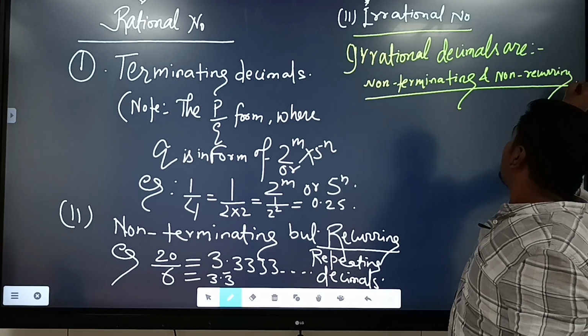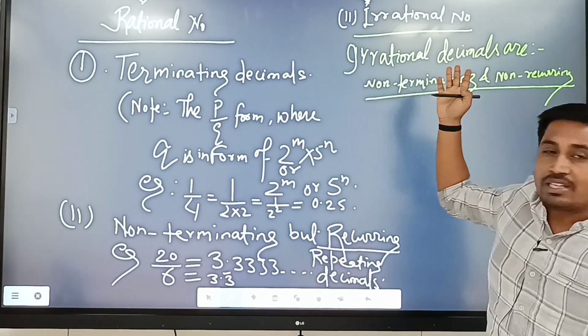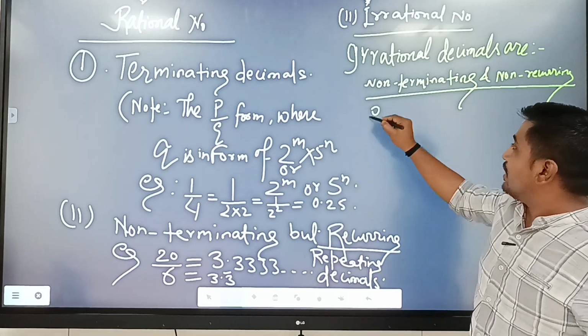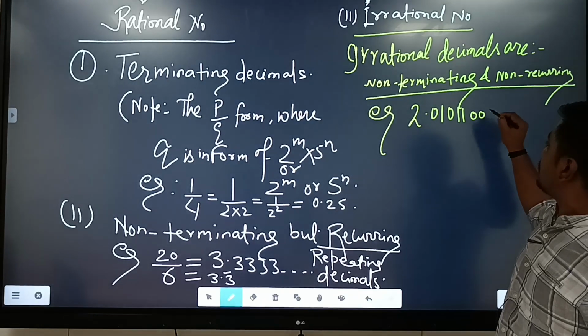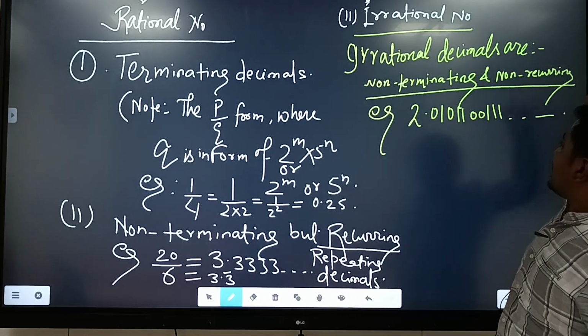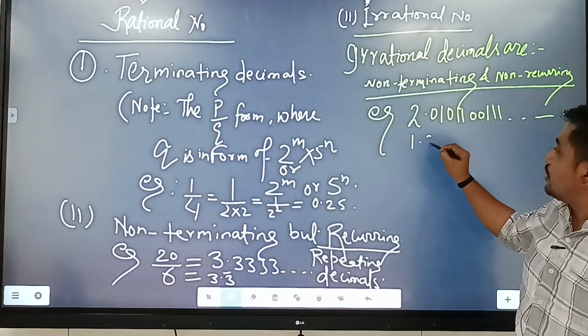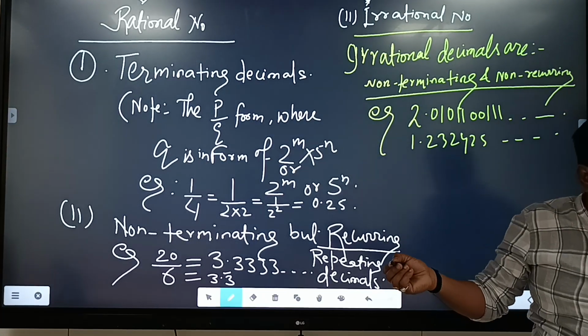These are irrational numbers. You will see that the decimals are non-terminating, never ending, and not repeating. For an example, let me write 2.01010011 like this. This is non-terminating, non-repeating. I can write 1.232425. These are irrational numbers here.